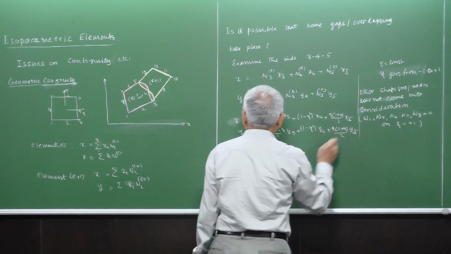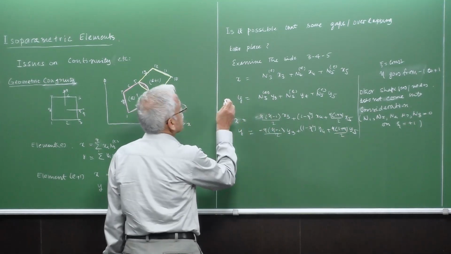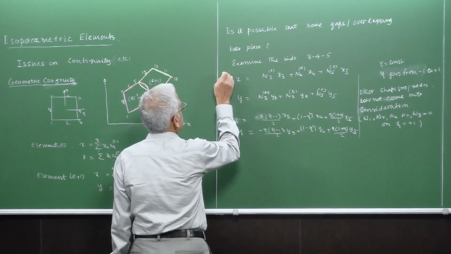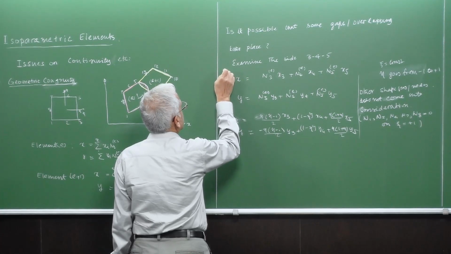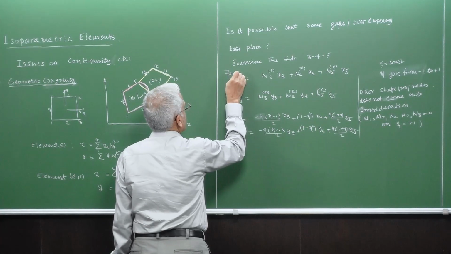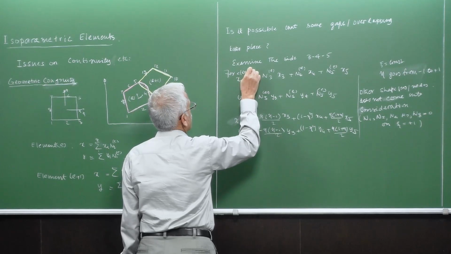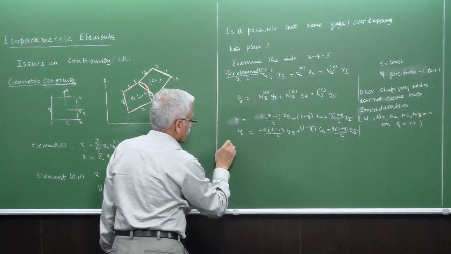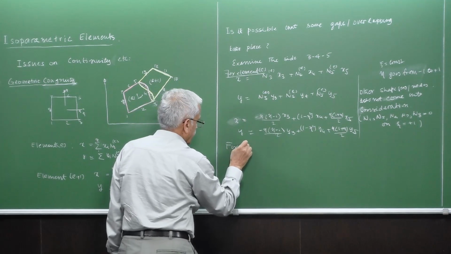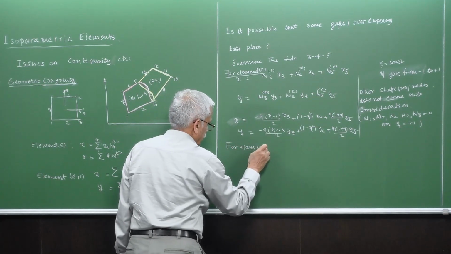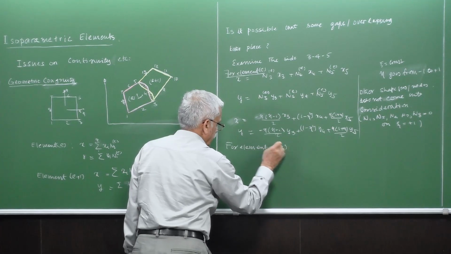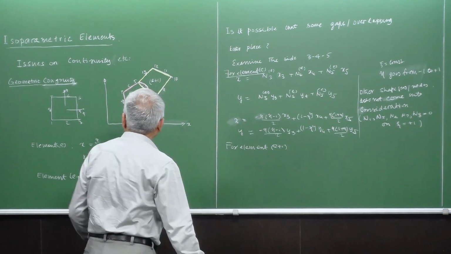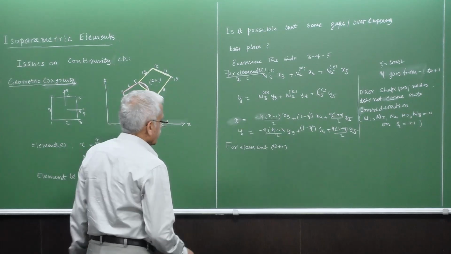So if you work this out for element E, the same thing can be worked out for element E plus 1, where 3, 4, 5 is there.